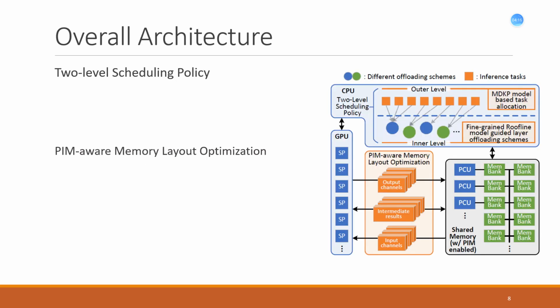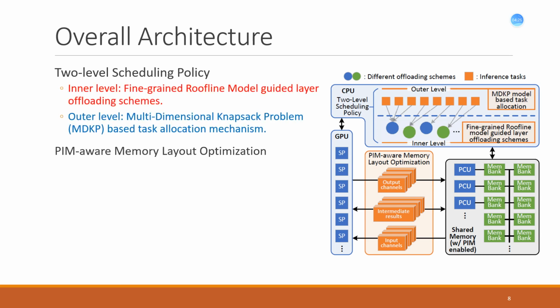Our solution includes a two-level scheduling policy for the first challenge and a PIM-aware memory layout optimization method for the second challenge. Specifically, at the inner level, we first propose a fine-grained roofline model to find an optimal CNN layer offloading scheme, then take it as the guideline to generate more offloading schemes.